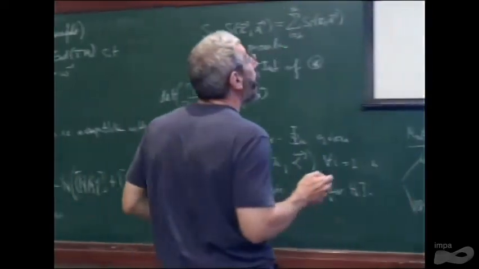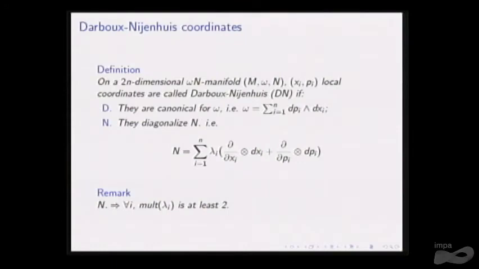Here is the definition of Darboux-Nijenhuis coordinates. A Darboux-Nijenhuis set of coordinates, x_i, p_i, is a set of coordinates that are canonical with respect to omega and that diagonalize N. The condition on N implies that the multiplicity of each eigenvalue is even.